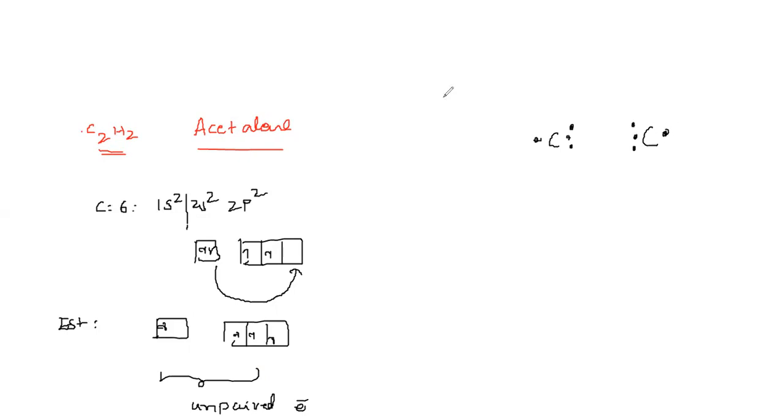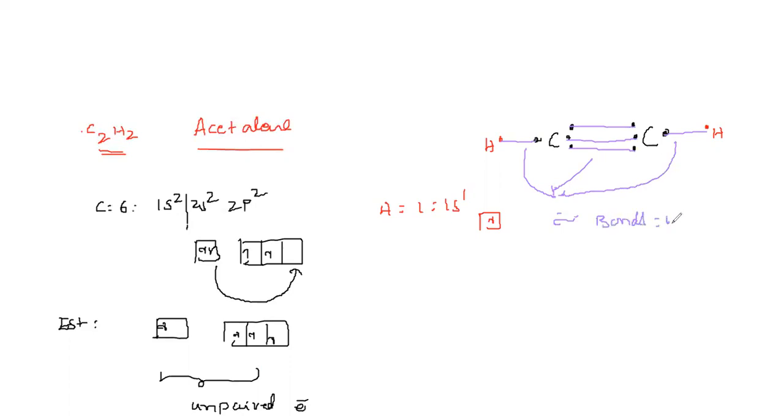Hydrogen's atomic number is 1, that is 1s1, which has only one electron. Here an electron, here also an electron. In this case, this electron forms a bond, here forms a bond, again this one, again this one. The bottom bonds, these three, are the sigma bonds: three sigma bonds, 1, 2, 3.